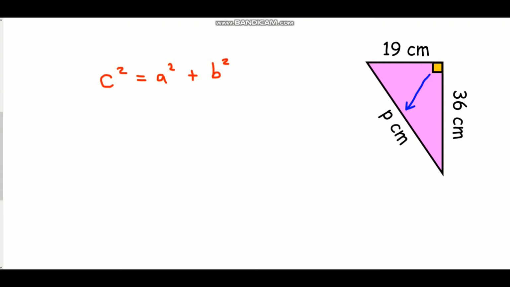Putting in the numbers that we know from our diagram, c squared we don't know the value for, so we just have to use the letter that is holding its place so far. So p squared is equal to 19 squared plus 36 squared.